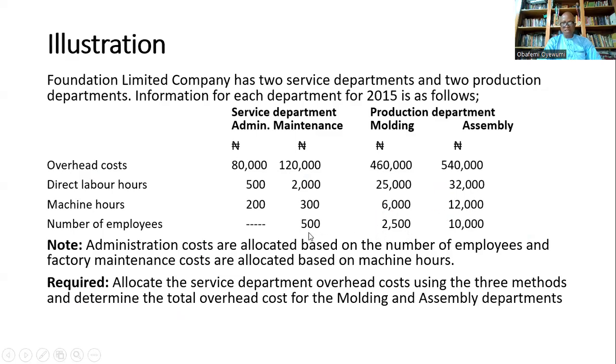This time around you have maintenance 500, this one 2,005, and this one 10,000, which is approximately 3,000, that's 13,000. So in the case of maintenance, you have 500 over 13,000 multiplied by 80,000, for number of employees.